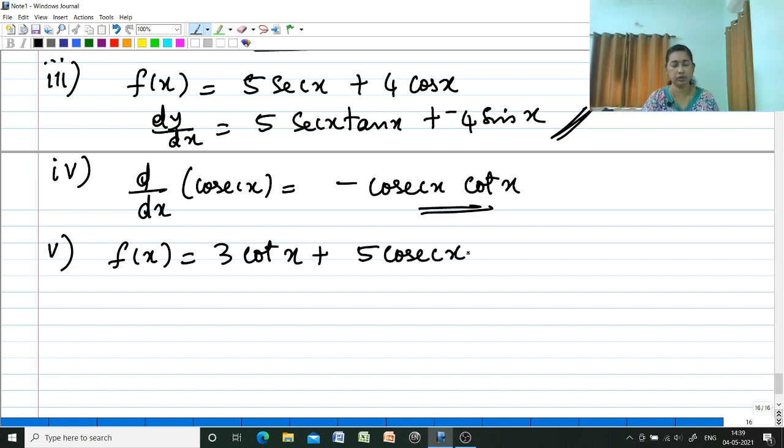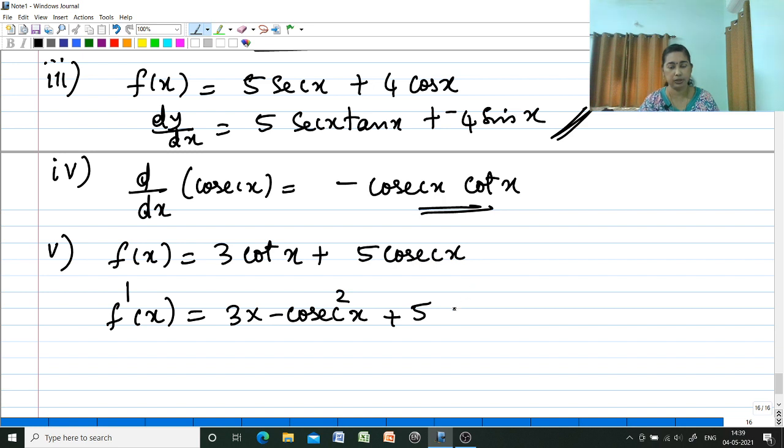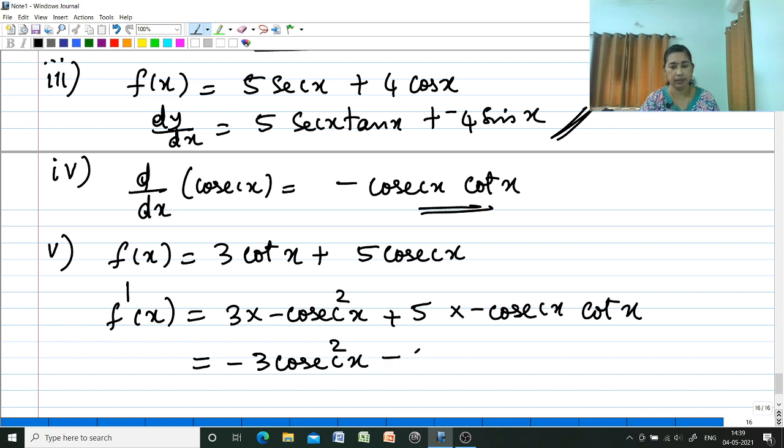If it is asked in first principle method, we have to do using that. Otherwise, directly we can write the answer. Equal to 3 into derivative of cot x is minus cosec square x, plus 5 into derivative of cosec x is minus cosec x into cot x. So the answer is minus 3 cosec square x minus 5 cosec x into cot x.